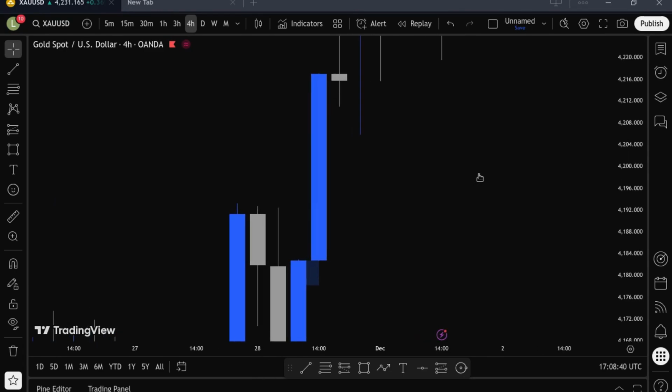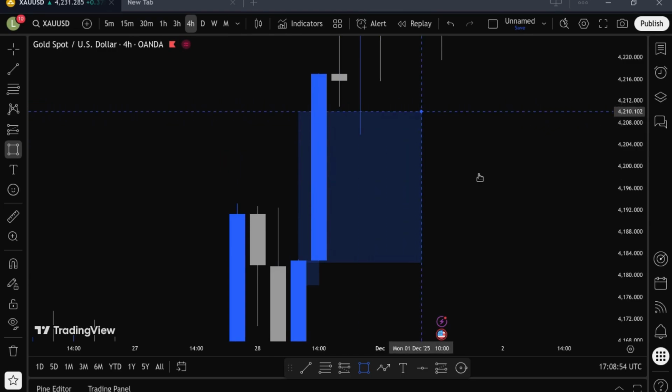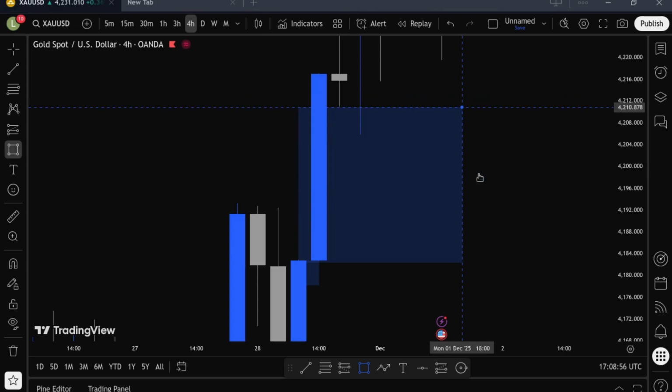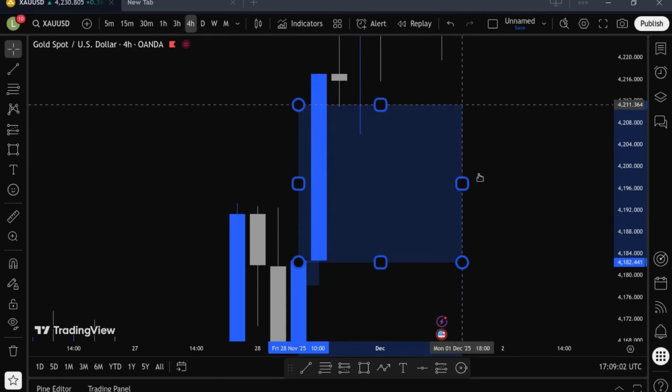So this is another fair value gap. This is a price range that price failed to mitigate, from here up to this candlestick. So price hasn't actually tapped into this fair value gap properly, right?